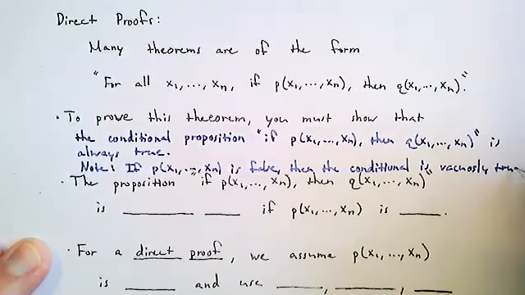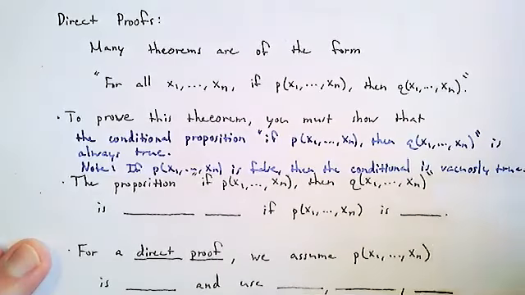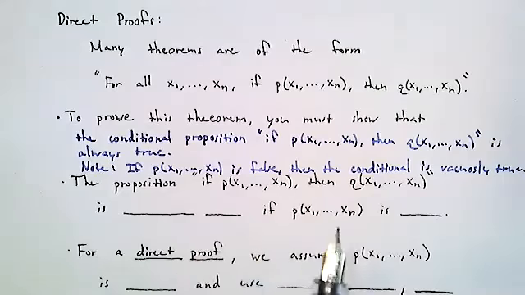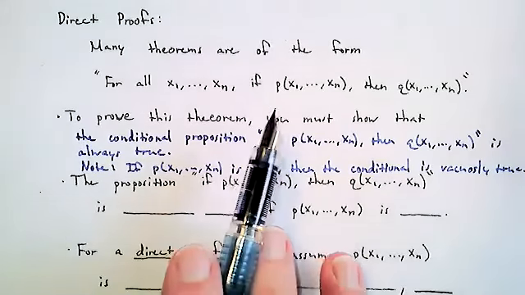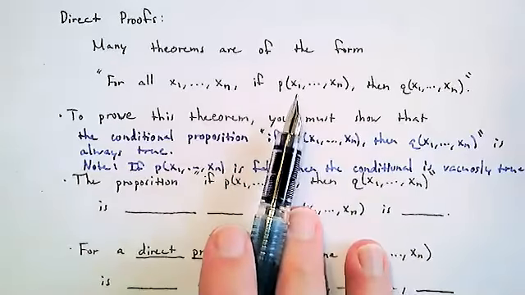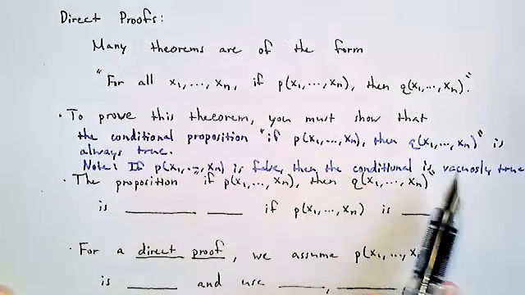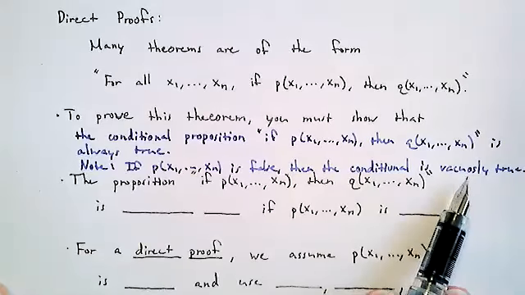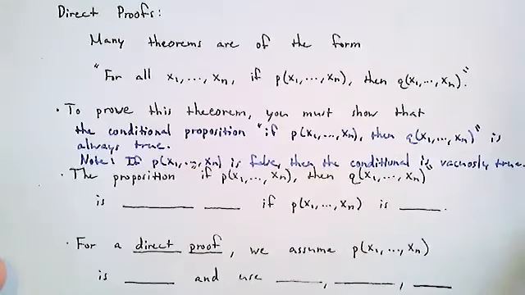But that has an important consequence, because it means we don't have to worry about this theorem or this conditional proposition if the hypothesis is false, because it's going to be vacuously true for free without doing any work.